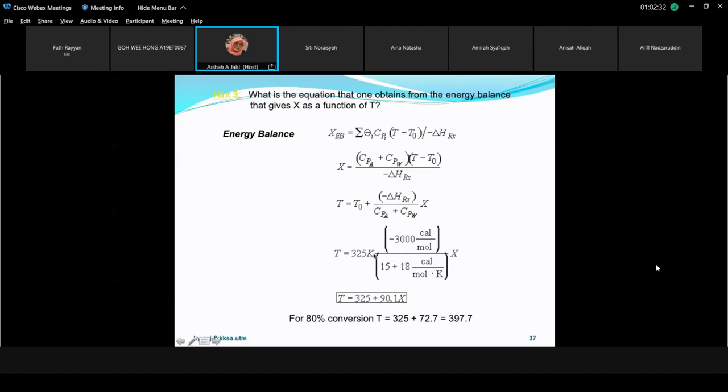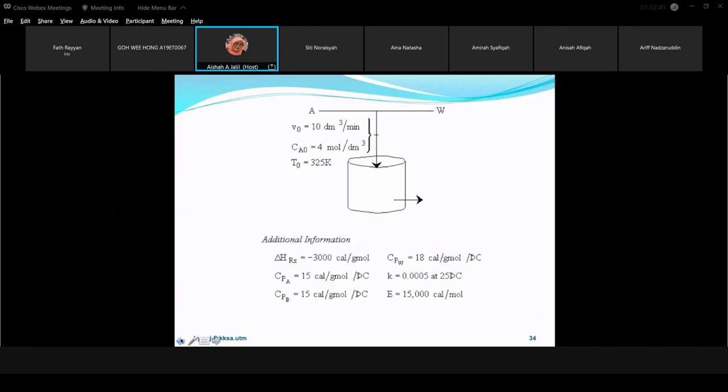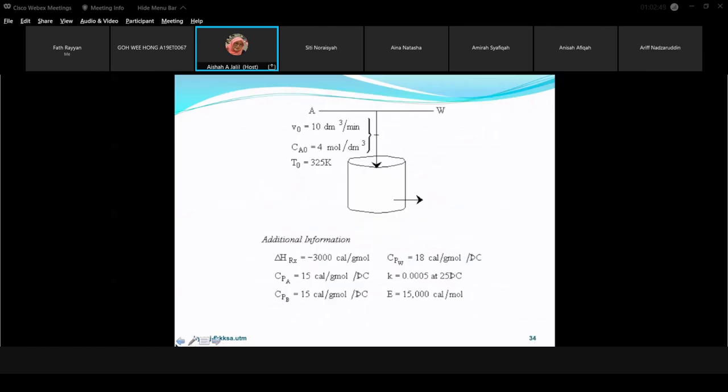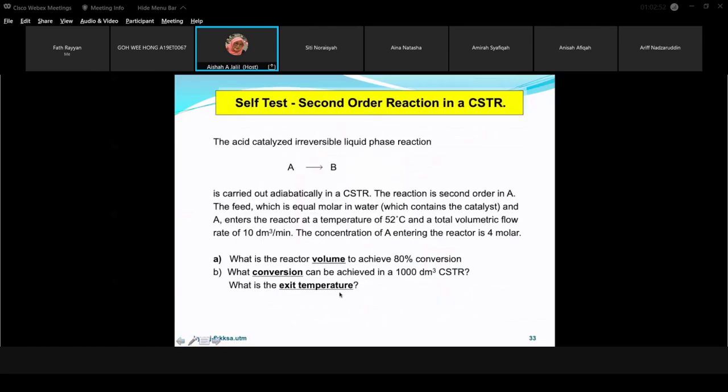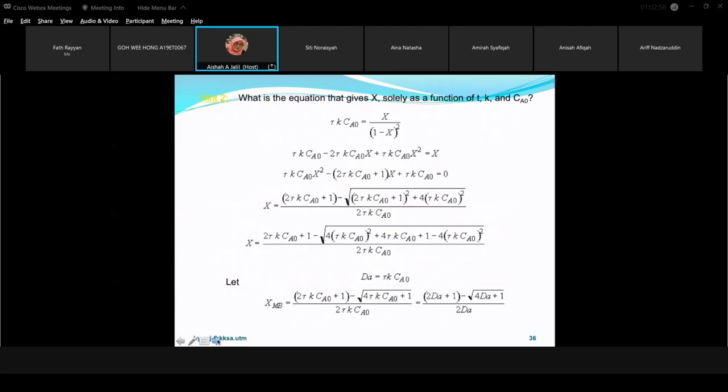So finally you get T equals 325 plus 90.1 X, because the question asks you at 80%: what is the volume, conversion and exit temperature at X equals 0.8?